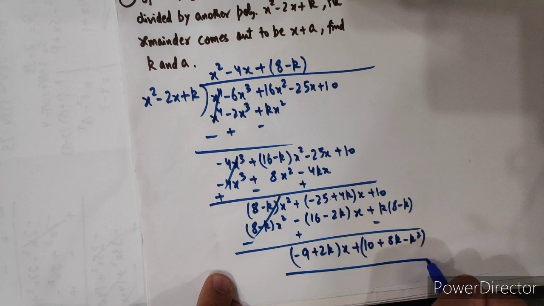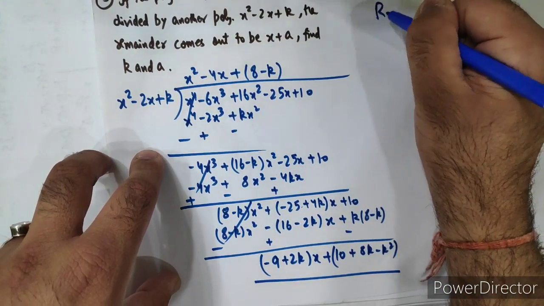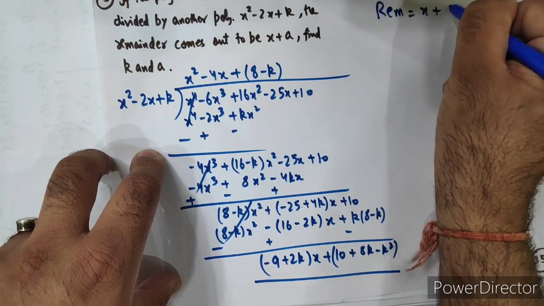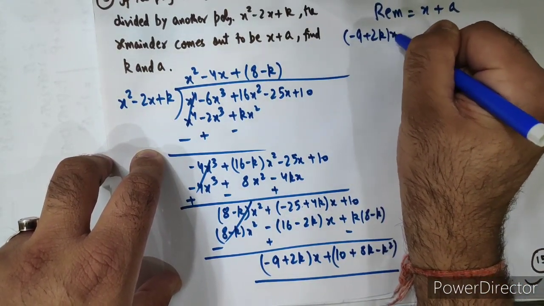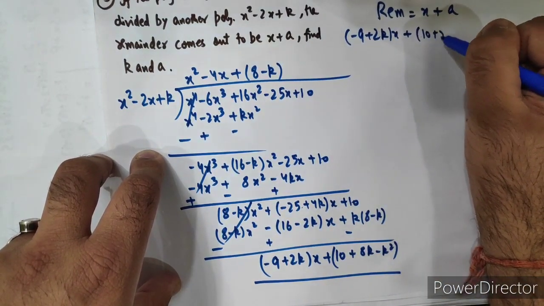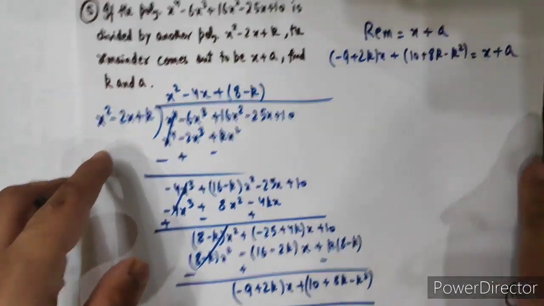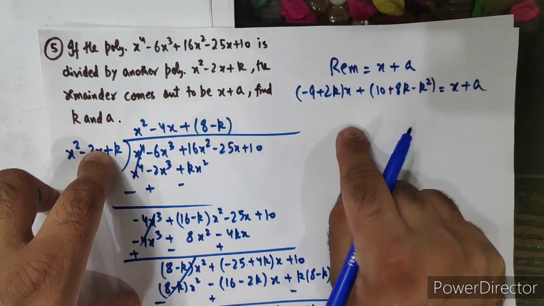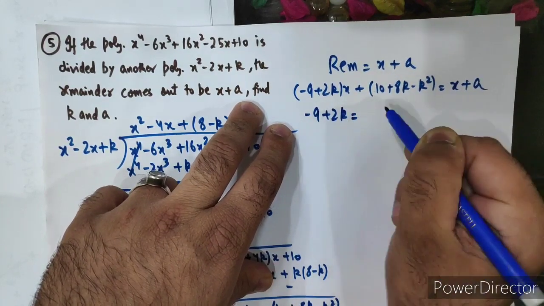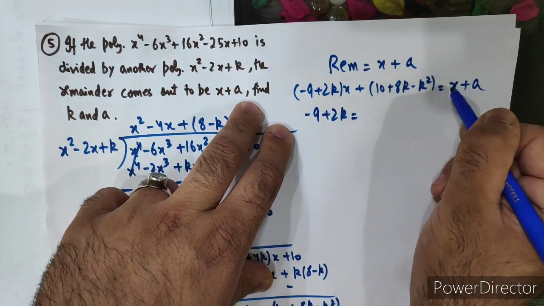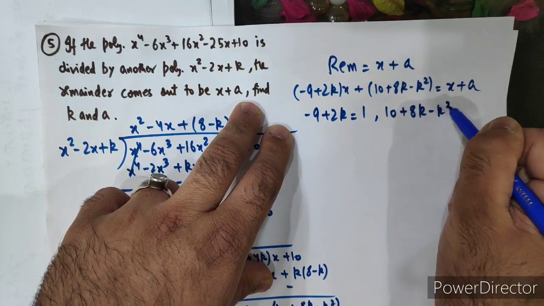So this is the remainder which we are getting, and the remainder is given to be x plus a. So minus 9 plus 2k times x plus 10 plus 8k minus k square is equal to x plus a. Now if you compare these two terms, minus 9 plus 2k will be equal to 1, the coefficient of x, and 10 plus 8k minus k square will be equal to a.